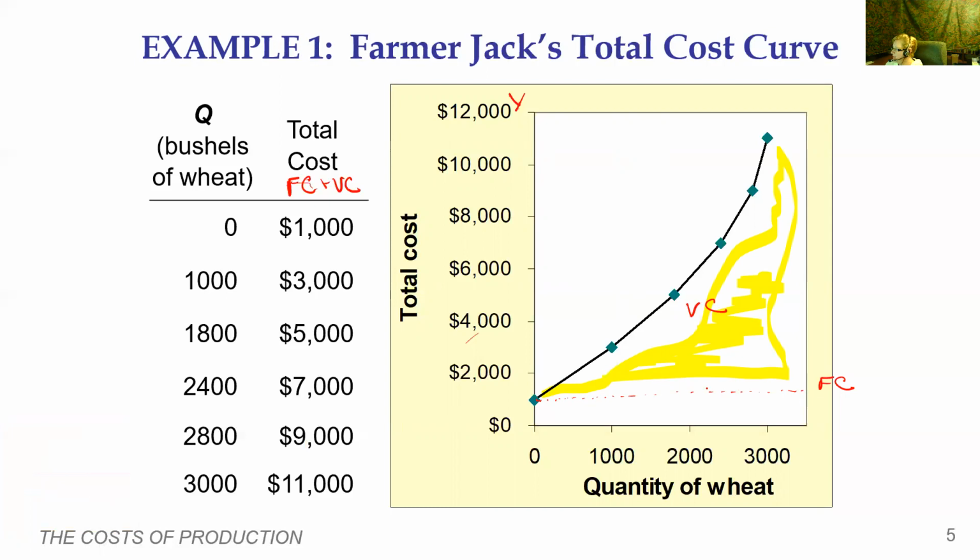So we look at the fixed cost and the variable cost, add those together, and that's where this curve comes from as the total cost curve. And the total cost curve for Farmer Jack is going to be similar to his supply curve. It's related.